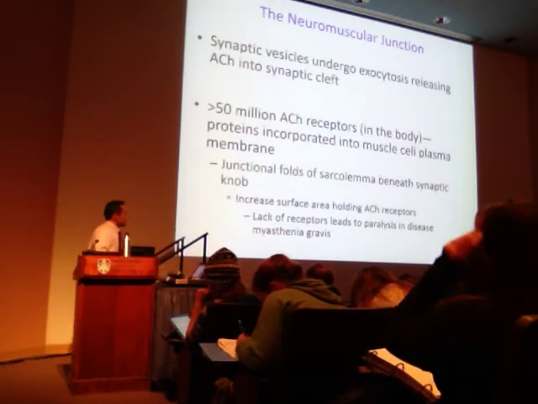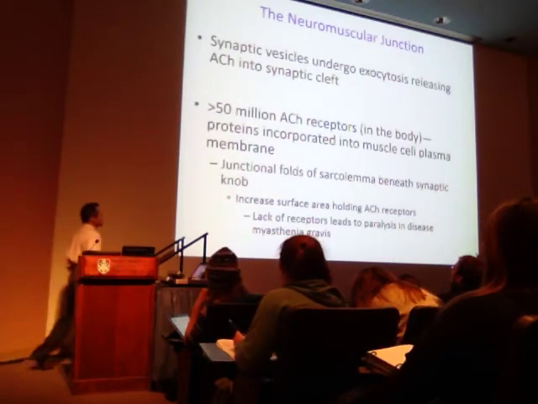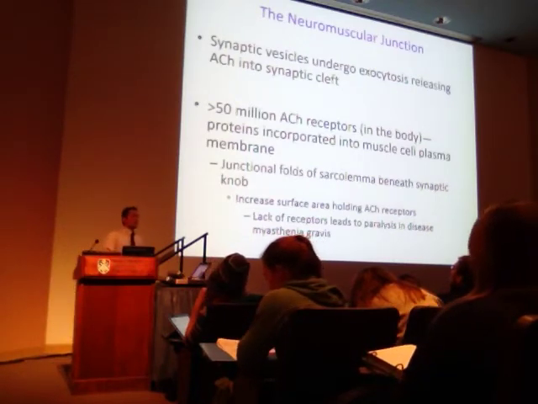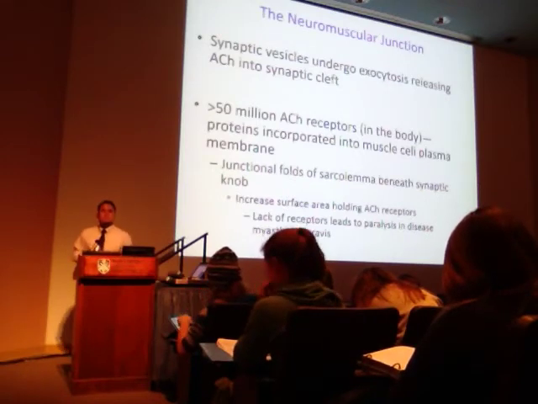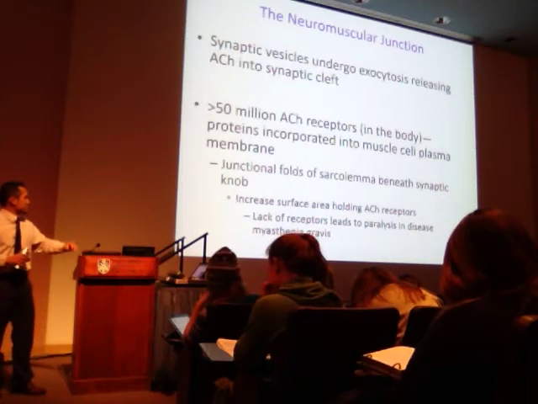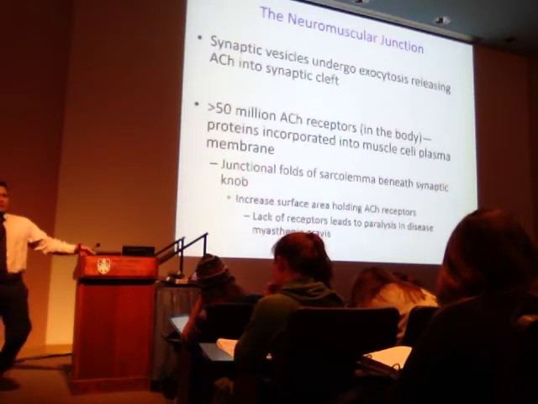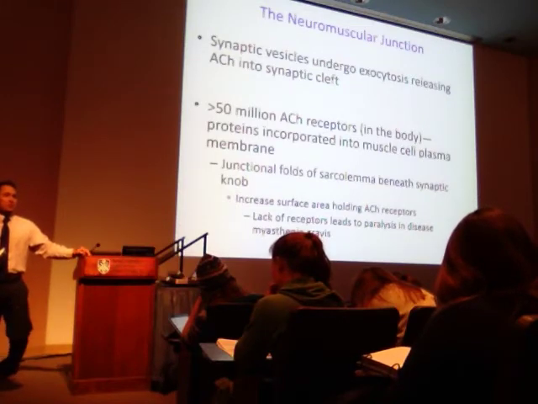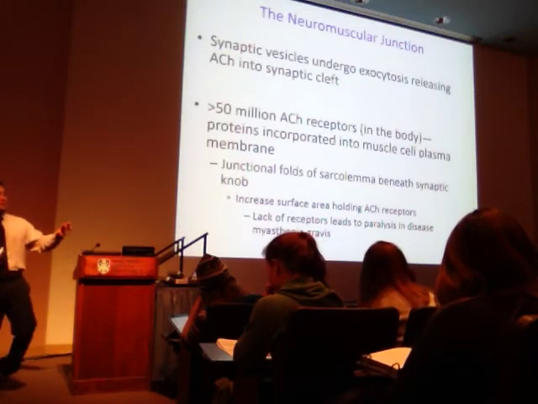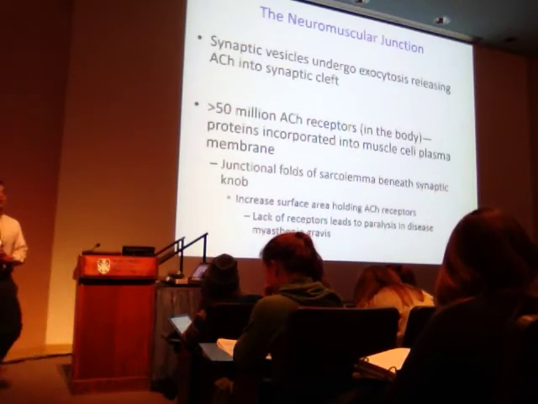Now, if you lose receptors, and you don't have enough of them, you have muscle weakness. And that's what happens in myasthenia gravis. Myasthenia gravis is a muscle wasting or muscle weakness disease where you actually have an antibody that breaks down the acetylcholine receptor and blocks it.